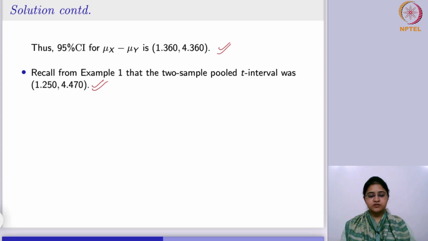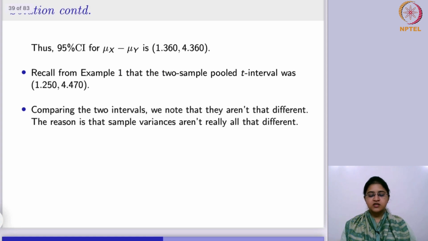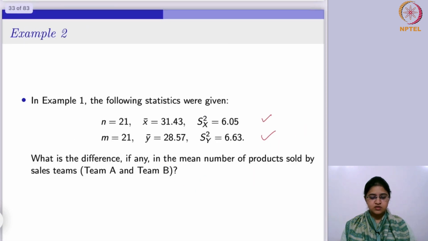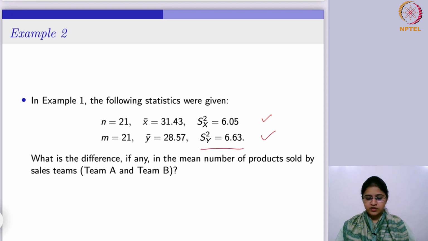Even if you consider them different, the results are not that different here. Why? Because the sample variances are really not different, as you see over here in the sample variances given to us. So you can consider them the same, and you can consider them different also.